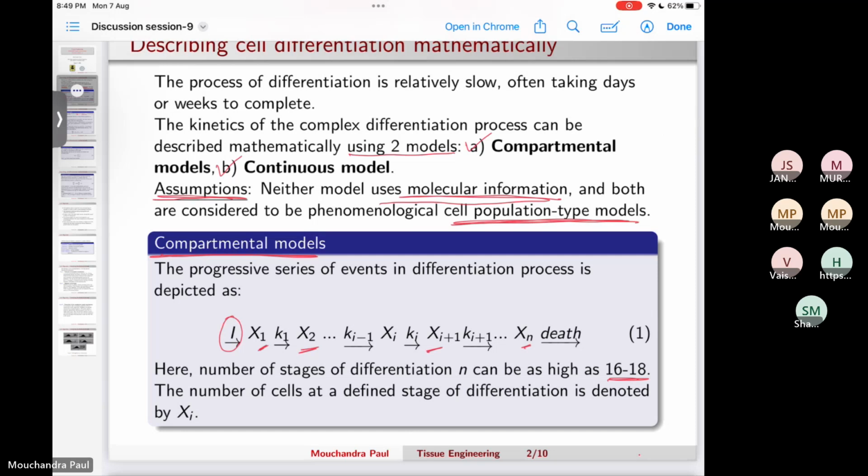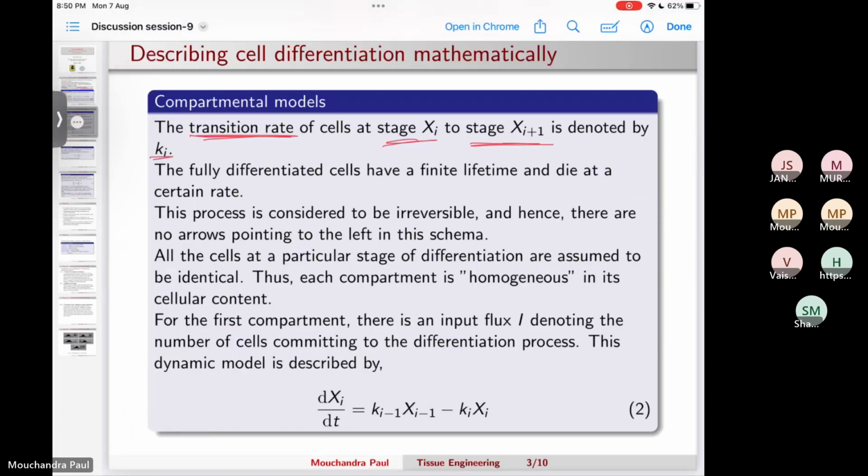For each stage there will be K1, then K2, then for stage i, the cells at x(i minus 1) are transitioning at the rate of k(i minus 1), and now they have entered the ith stage.